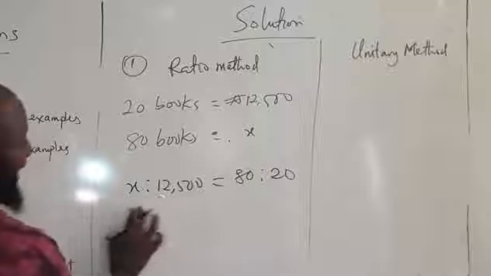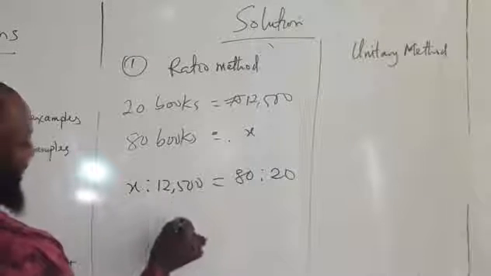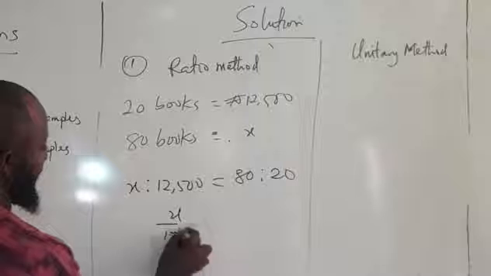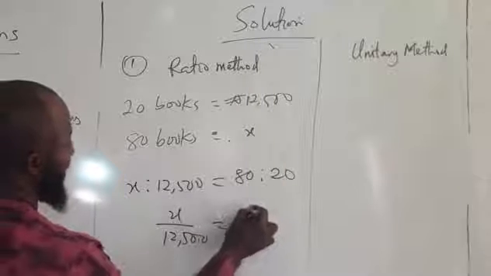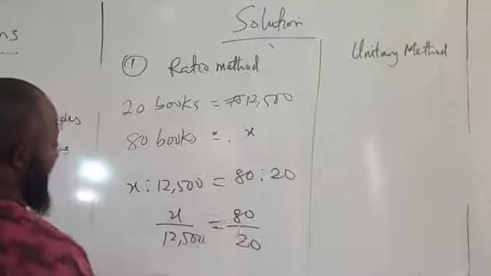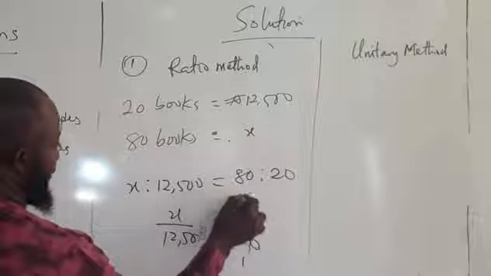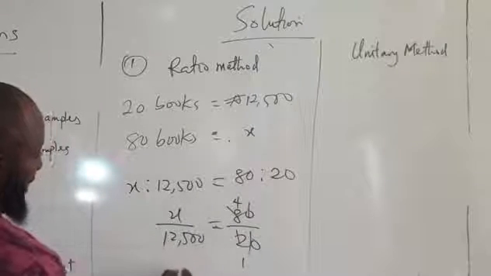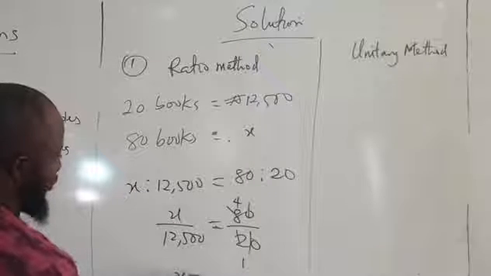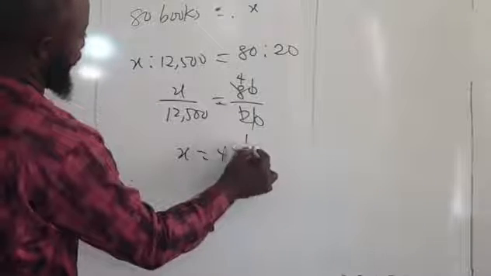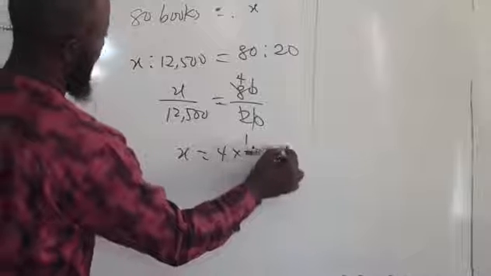You understand? We have treated ratio before, so ratio can be written as a fraction. That will be X over 12,500 equals 80 divided by 20. Is that clear? So 0 cancels 0. Then 2 here, 4 here. So we have this multiplier, that will be X equals 4 times 12,500.